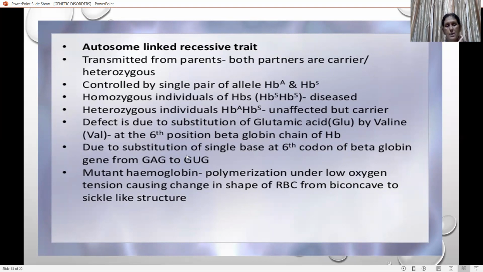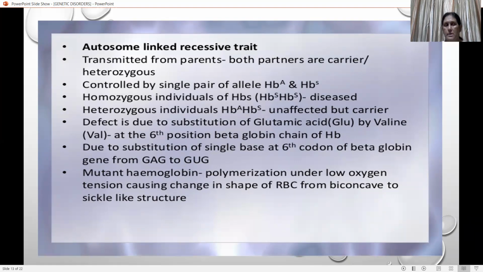Here the code is changed at the 6th position, from GAG for glutamic acid to GUG. So instead of glutamic acid, at that position the amino acid valine sits. The protein sequence changes, and as a result, the structure of the hemoglobin or RBC changes from globular to sickle cell. Mutant hemoglobin polymerization under low oxygen tension causes the shape of the RBC to change from biconcave to sickle cell like.